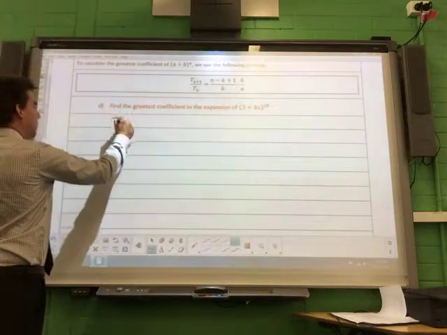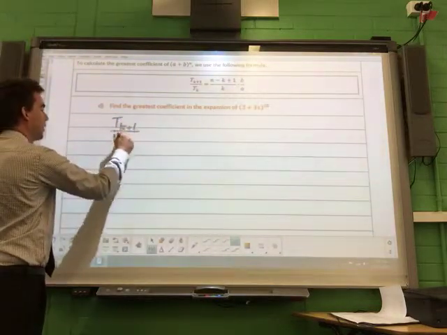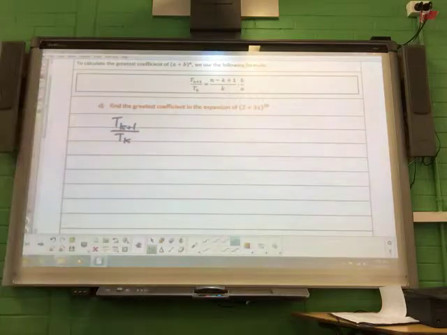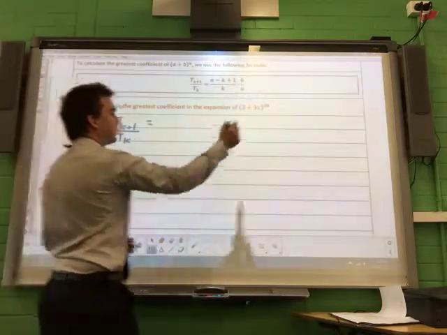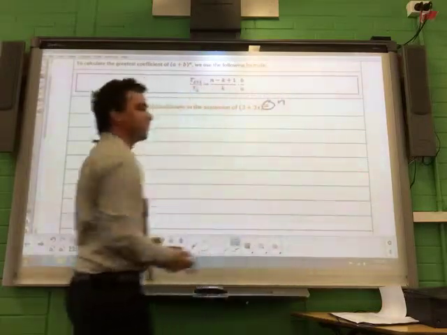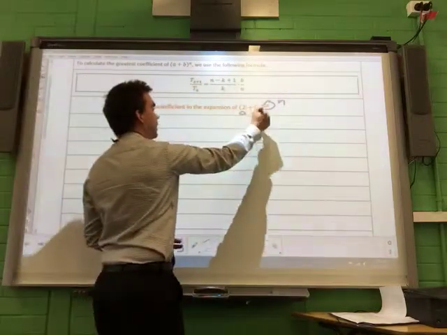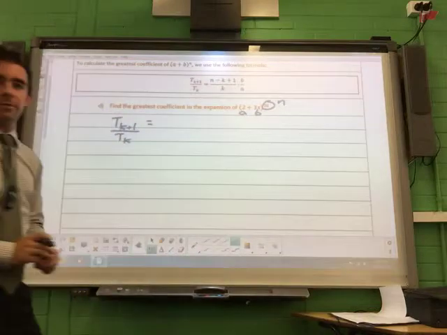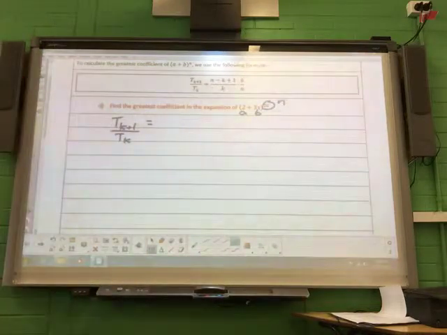Right, so t(k+1) over the previous term. Okay, so remember the power is n, this is a, this is b, and we're going to solve for k in that formula in a moment.